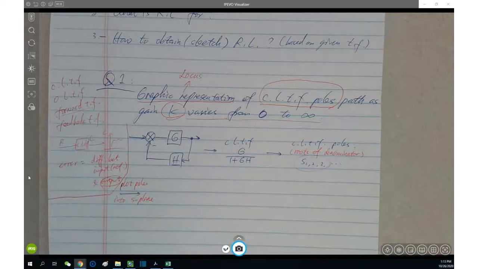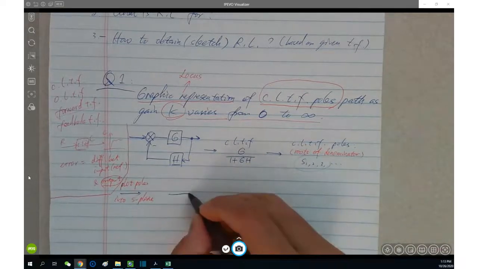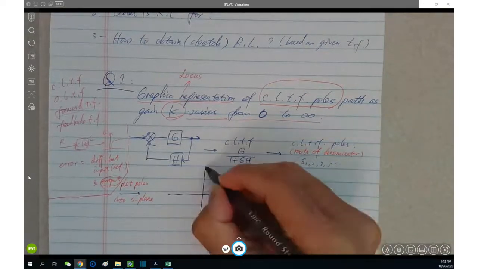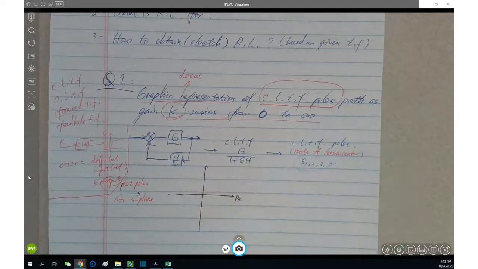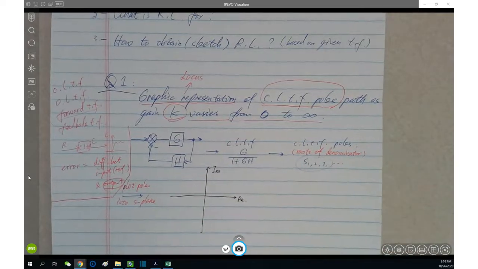What do you mean by S-plane? S-plane means this. It's very simple. You have a real axis and you have an imaginary axis. Because poles here, generally speaking, are what, complex numbers, right? Of course, it might be a real number. However, that's considered as one special type of complex number. Does it make sense? So all of these poles are complex numbers, and then you can place them into an S-plane like this, right? Real part versus imaginary part.